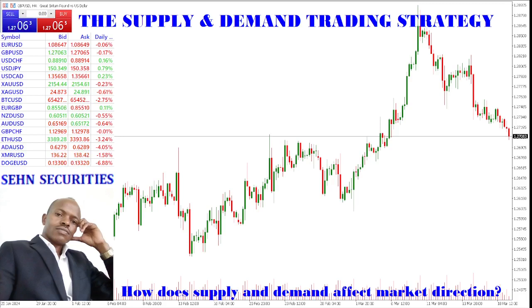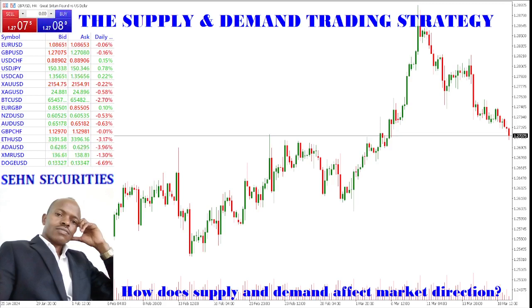A robust supply or demand zone exhibits several confluence factors that validate its significance. Zones appearing on higher time frames carry greater weightage, indicating broader market sentiment. Moreover, the duration of time spent outside the zone is crucial.